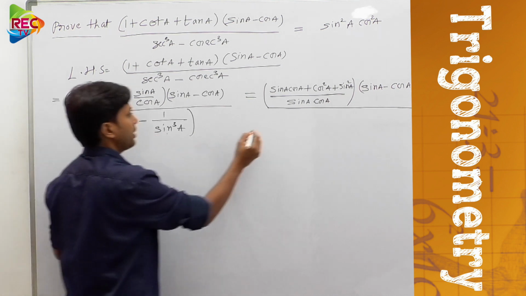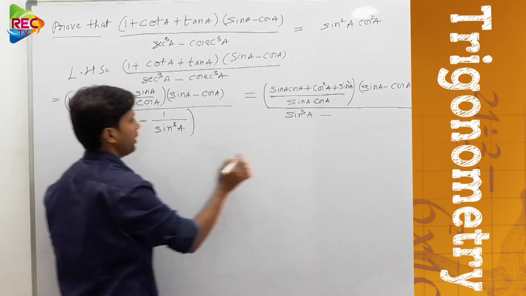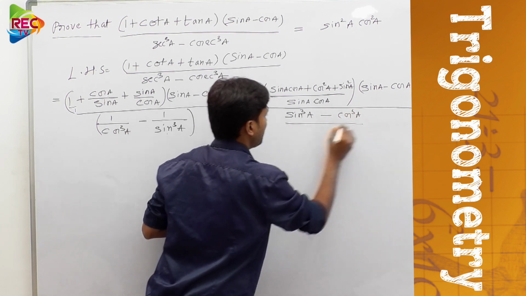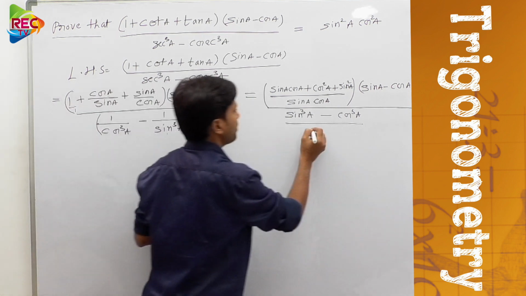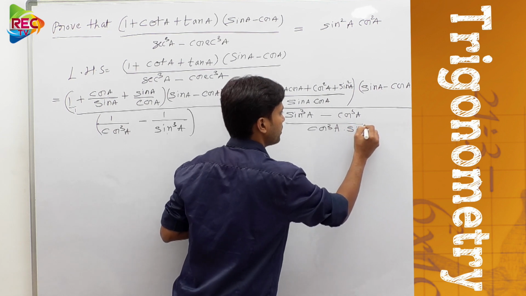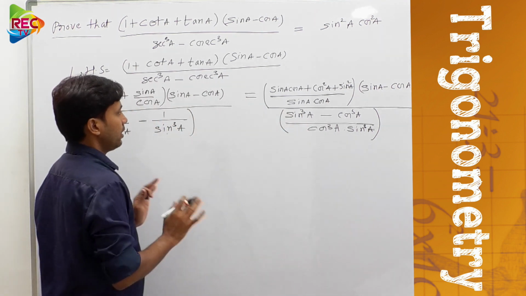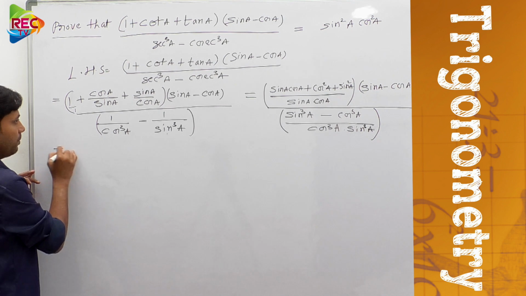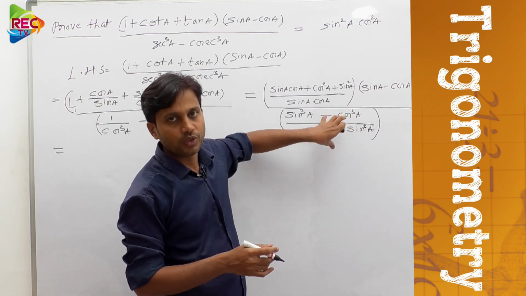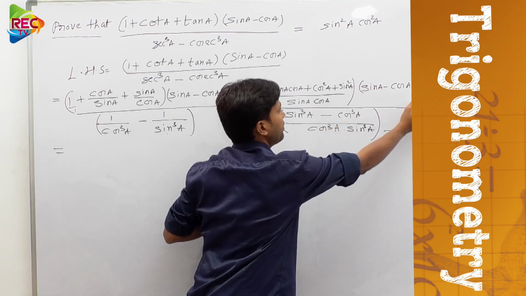Sin cube A into 1 would be sin cube A, minus cos cube A into 1 would be cos cube A, divided by cos cube A into sin cube A. This is also one fraction. Now, we have a fraction in the numerator part and a fraction in the denominator part also. So obviously this denominator fraction will be inverted.